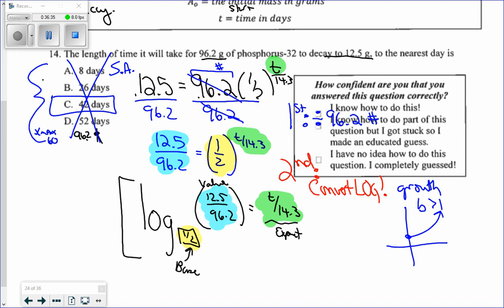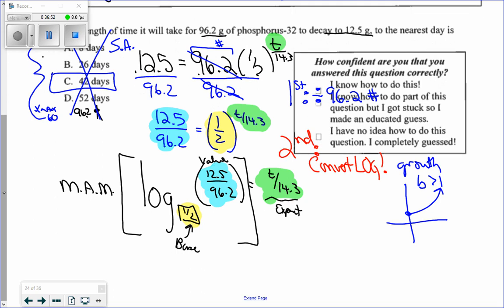To plug this in on your calculator, you're going to use your MAM key. Math, alpha, math. Remember that? So math, alpha, math. And you're going to get out a number.